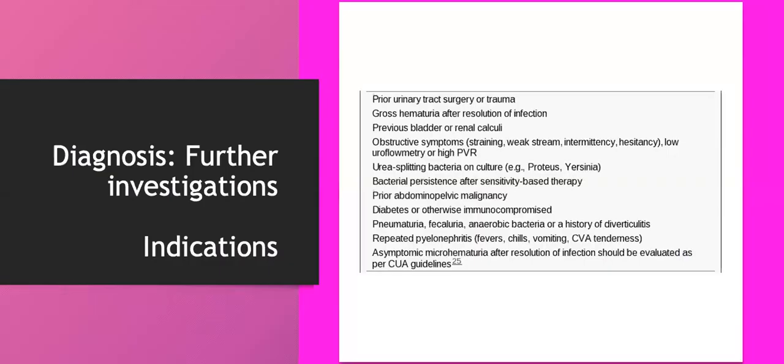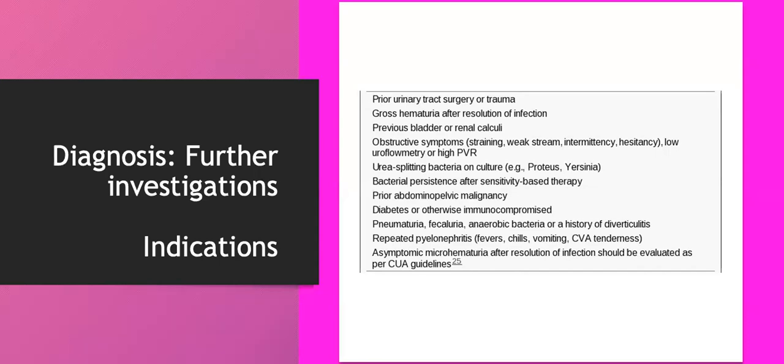And then the actual indications for further investigations include prior urinary tract surgery or trauma, gross hematuria after resolution of infection, previous bladder or renal calculi, obstructive symptoms, low uroflowmetry or high post-void residuals.